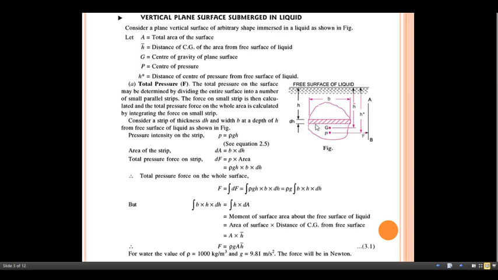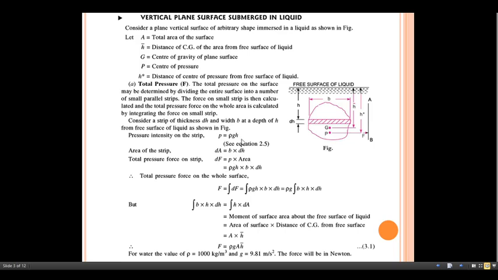Consider a strip of thickness dh and width b at depth h from the free surface of the liquid as shown in figure. Then the pressure intensity on the strip, by using the hydrostatic law, is rho g h. The area of the strip dA is b multiplied by dh. Total force on the strip, that is dF, is the pressure multiplied by area.